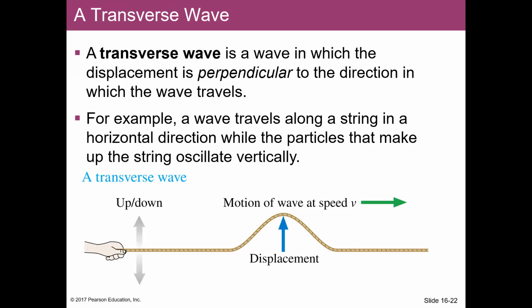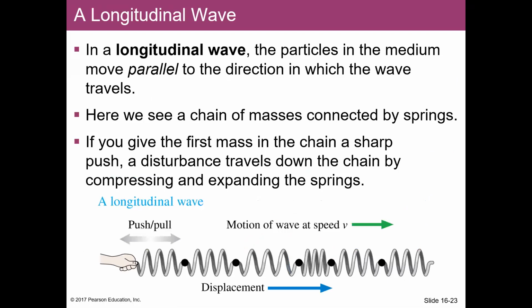In fact, there's a whole course related to that, called Physics 2. But here's a longitudinal wave. A longitudinal wave is one where the compression occurs in the direction of the displacement.